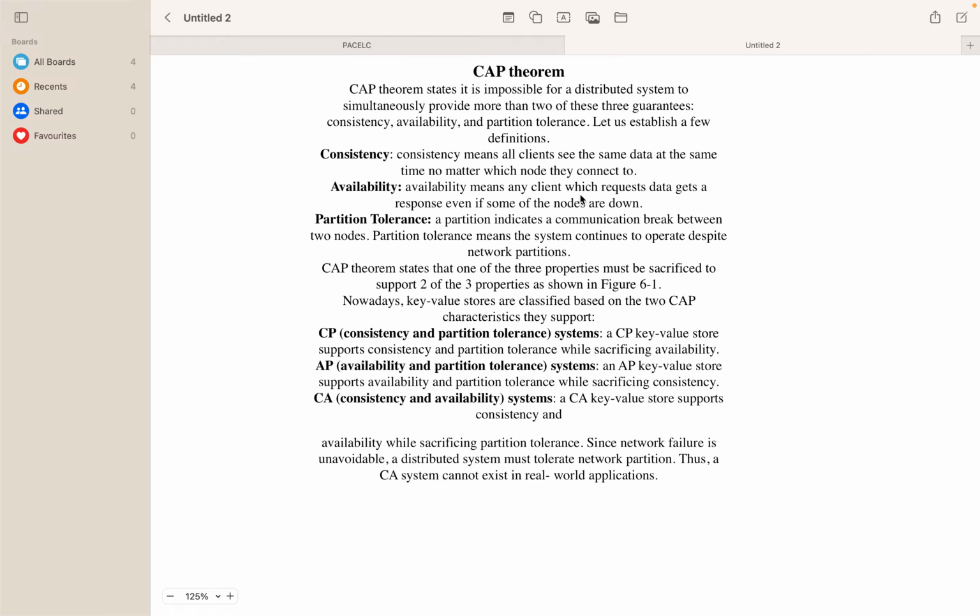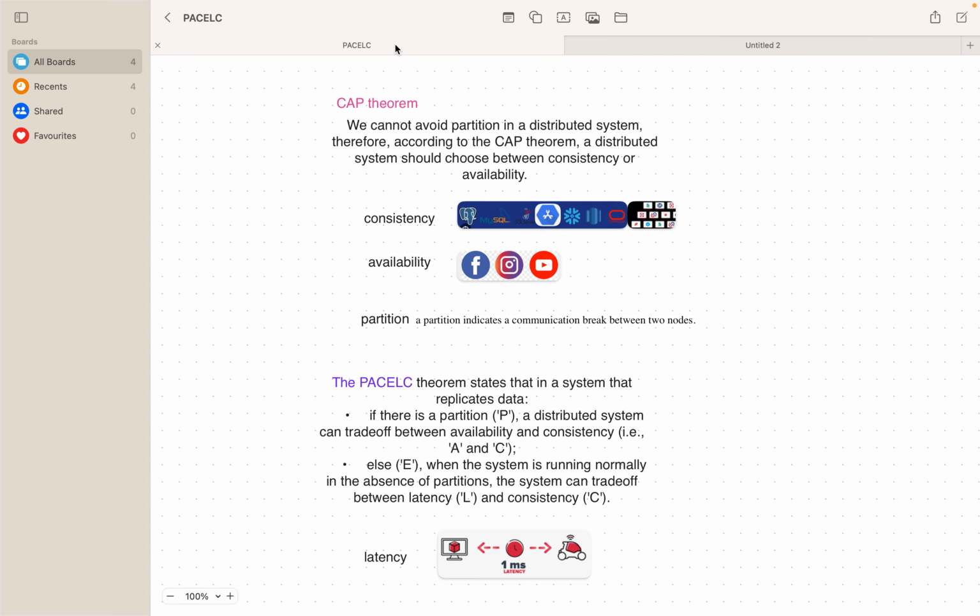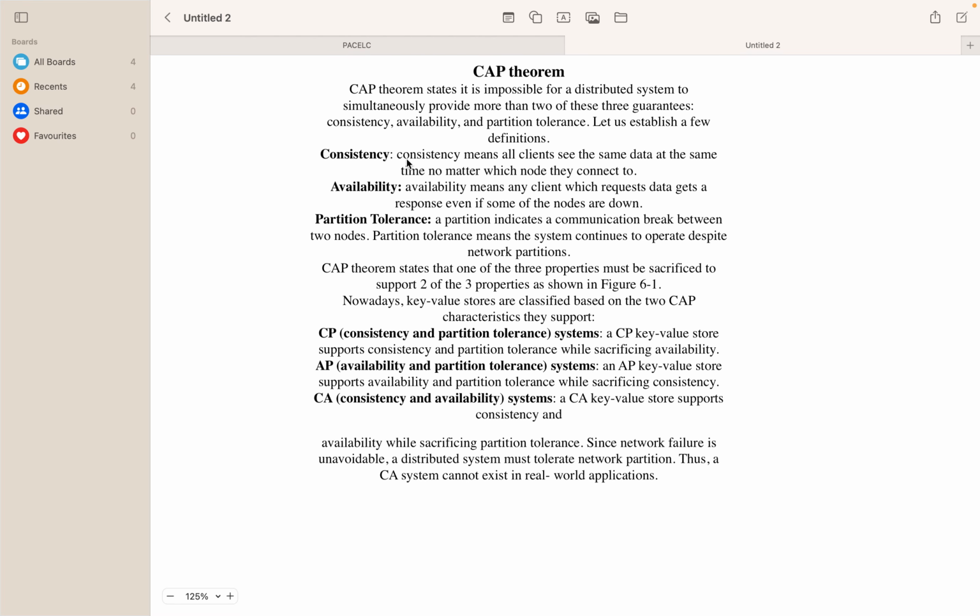Systems like Facebook, Instagram, and YouTube should be available every time. There can be some data which is stale, and that would work. We will come back to this again, but first let's go by the definitions: what is consistency, what is availability, and what does partition tolerance mean.